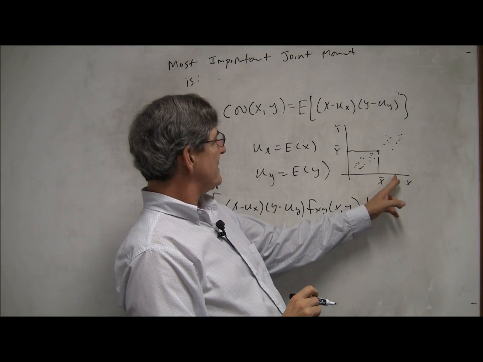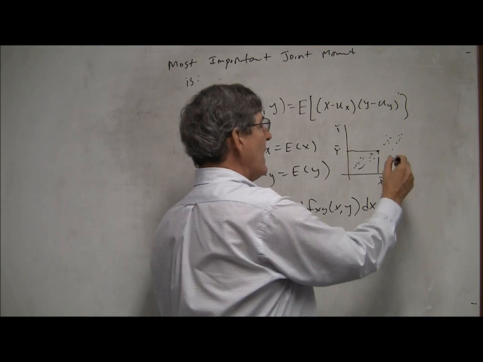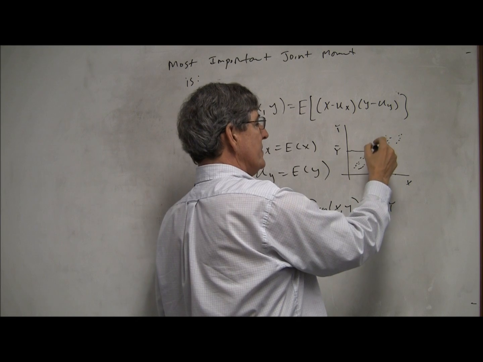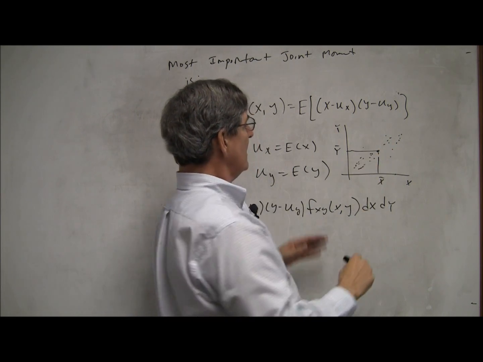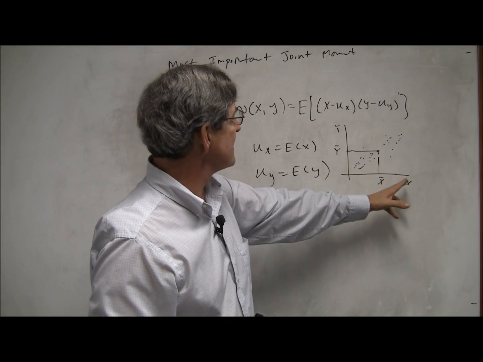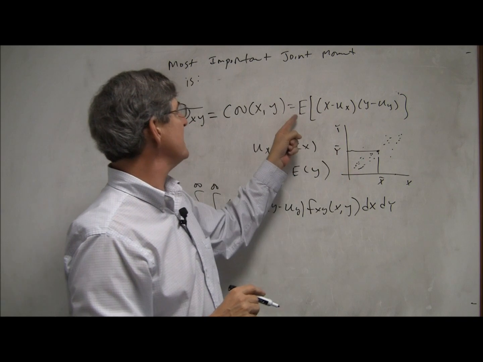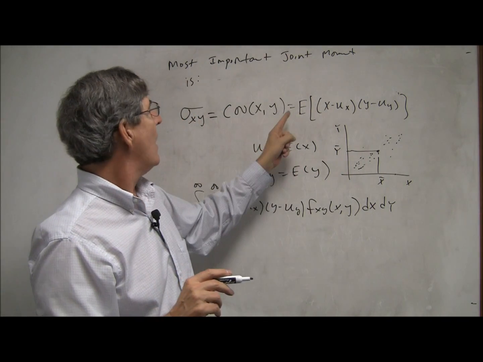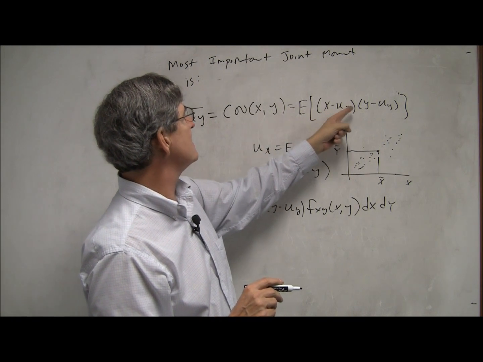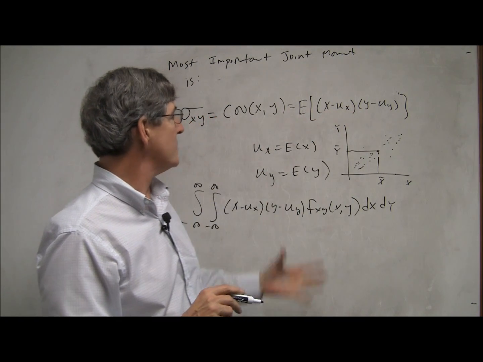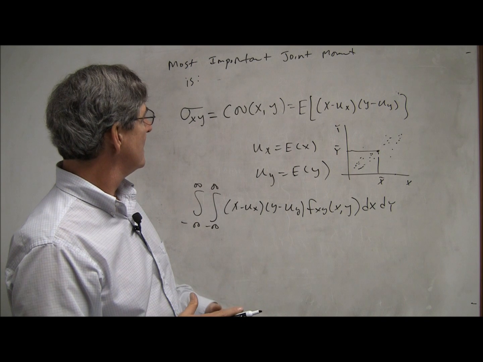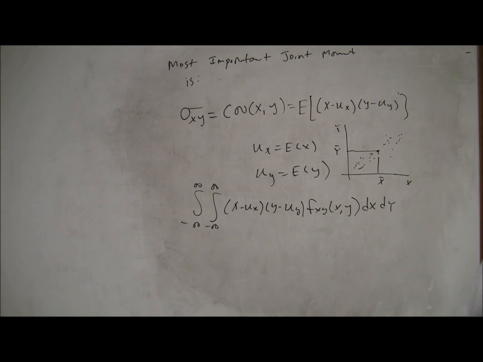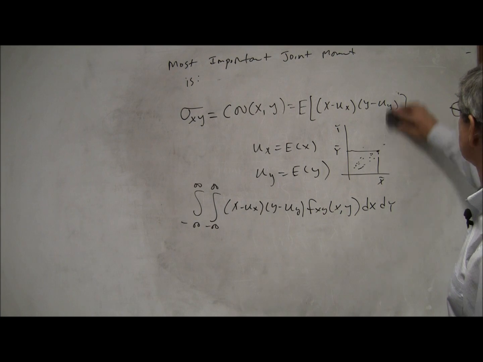Now, it might not always be true. There might be occasions where it's not. But for the most part, on average, when x is above its mean, y is above its mean. Remember, this means on average. Do you see that E? What we're saying is on average, when x is above this, y is above this, is what that would mean. So that's the covariance. It just tells us the relationship between two variables.